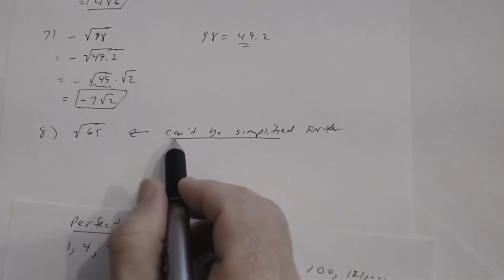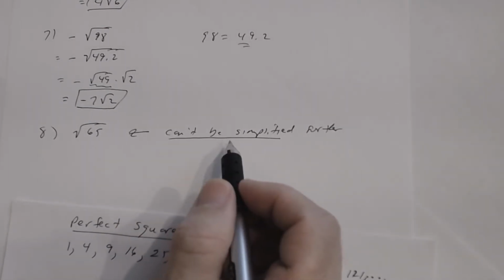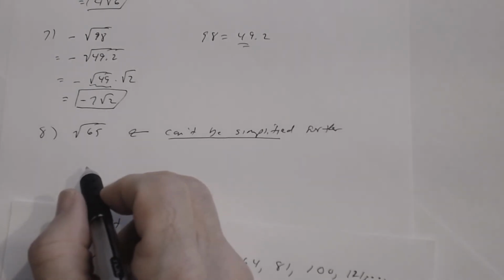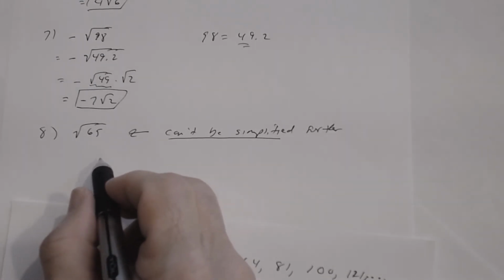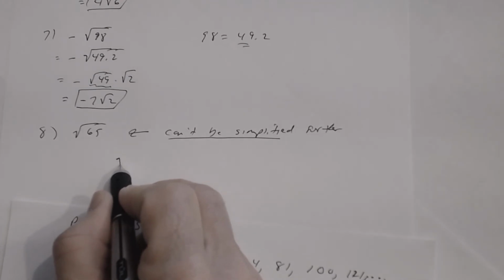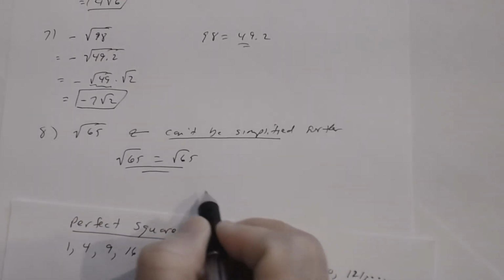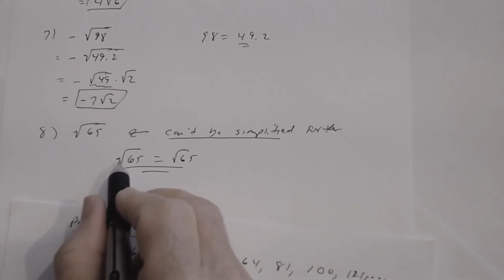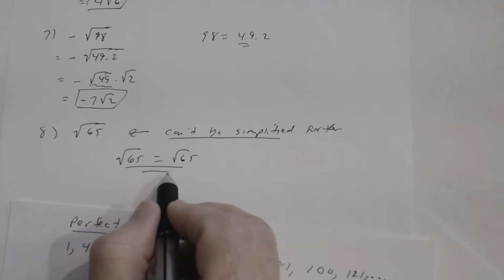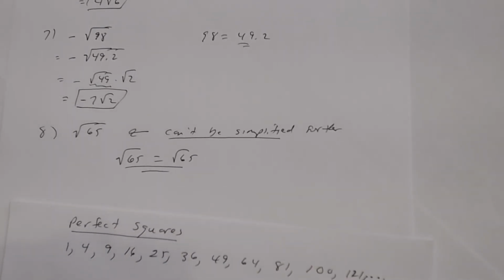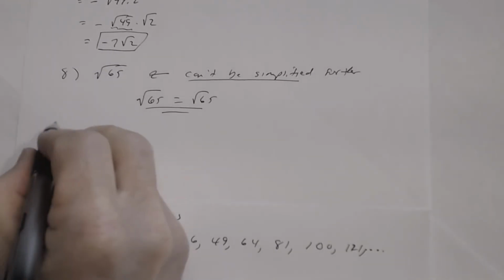Now usually we'll just say cannot be simplified, but depending on what the assignment looks like, you could also say this: the square root of 65 is equal to itself. The square root of 65 cannot be simplified any further, so there it is. So that is my answer: square root of 65. Okay. All right. Number 9.